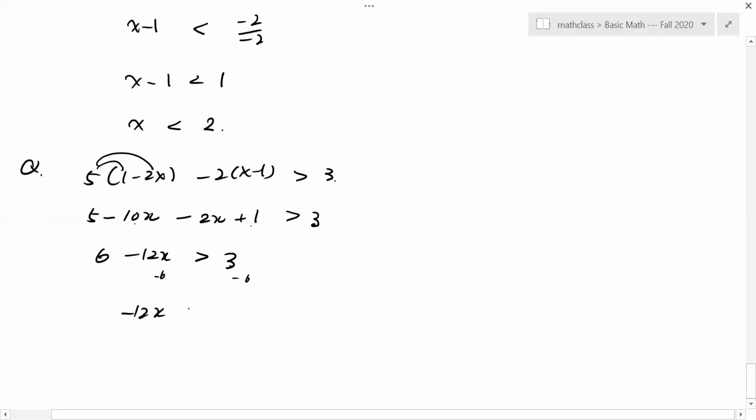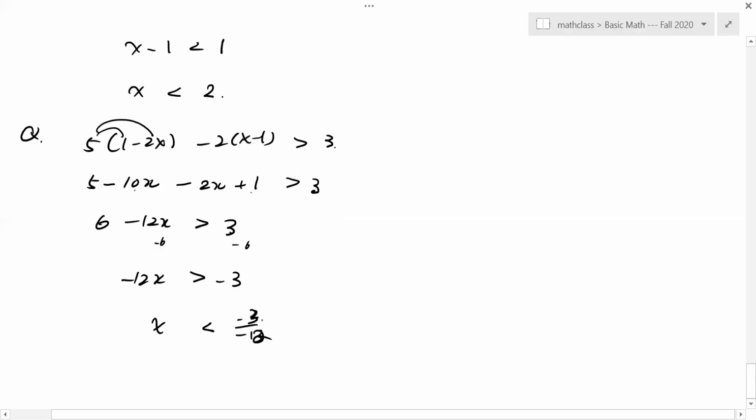So negative 12x greater than 3 minus 6, which is negative 3. Then you divide both sides by negative 12. So this is negative 3 divided by negative 12.